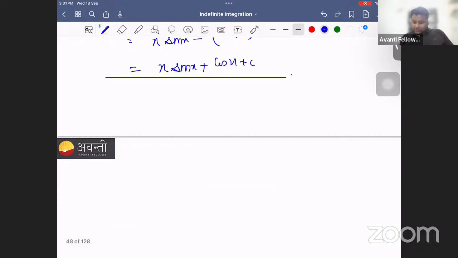Now say you want to integrate ln x. Now if you realize there is only one function, there is no second function. So what do we do in such case?